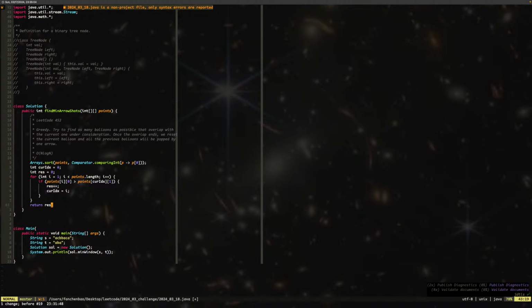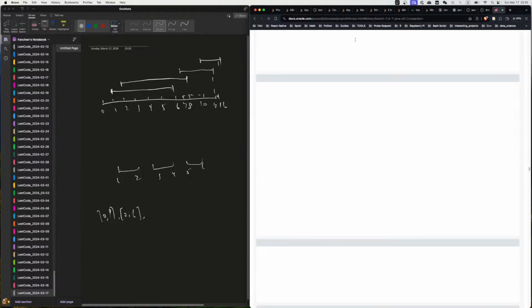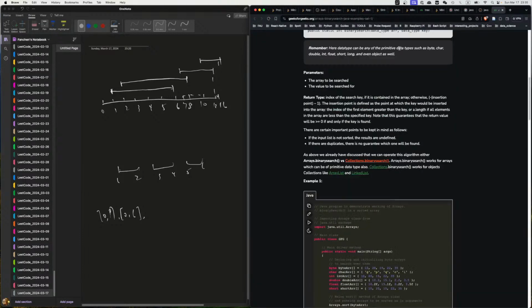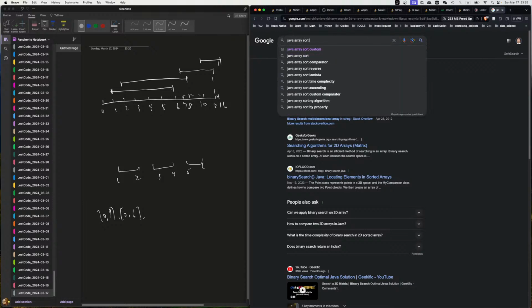What I want is still to get a comparator. So do we have something like this? Can we do p1, p2? Actually, I don't know. So Java Arrays.sort custom.